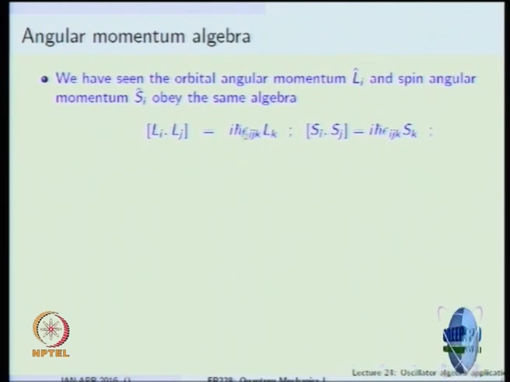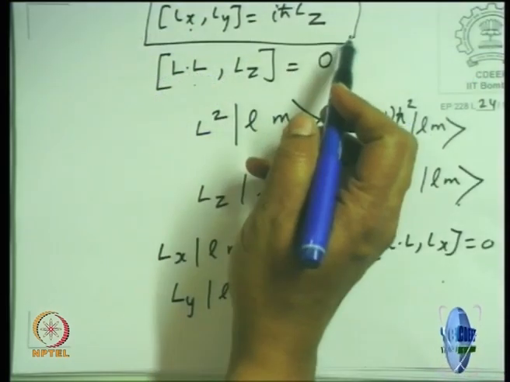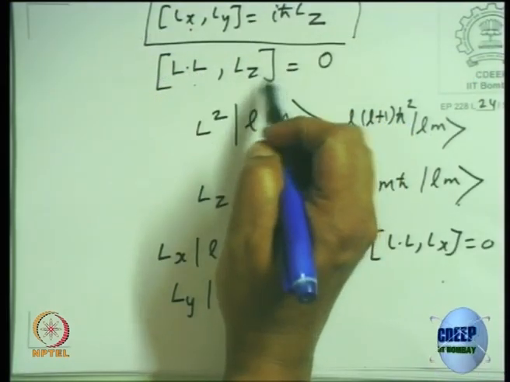So, recall the orbital angular momentum and the spin angular momentum, which we discussed last week for the Stern-Gerlach experiment. So, [Lx, Ly] is iħ Lz and L dot L commutes with all the components.